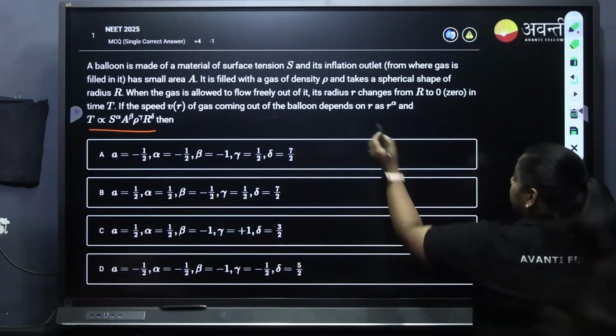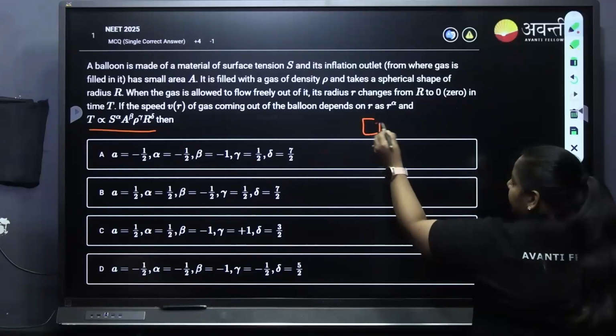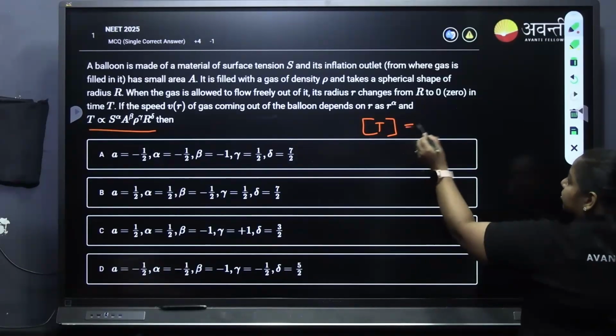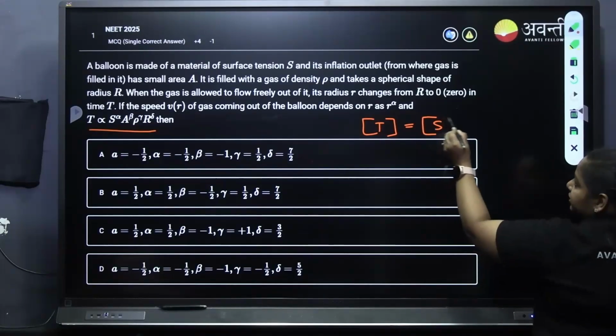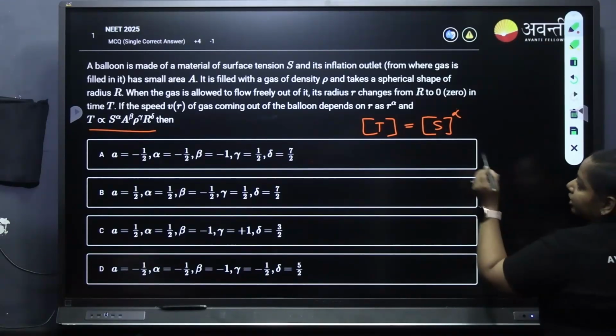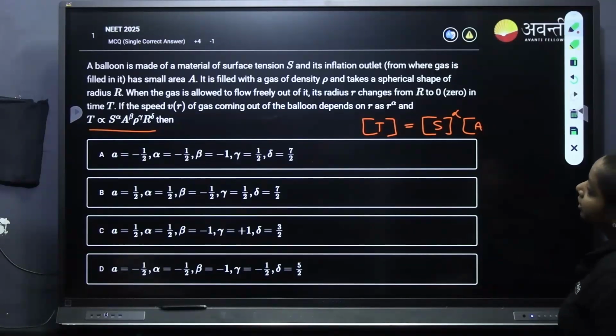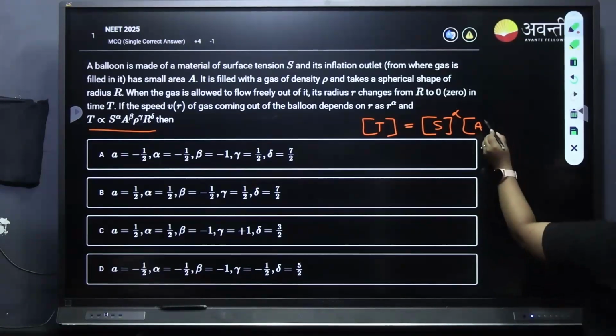Let's see. On the LHS we have dimension of time T. Its dimension should be equal to dimension of surface tension to the power alpha. Dimension of A is given as area, so area to the power beta.